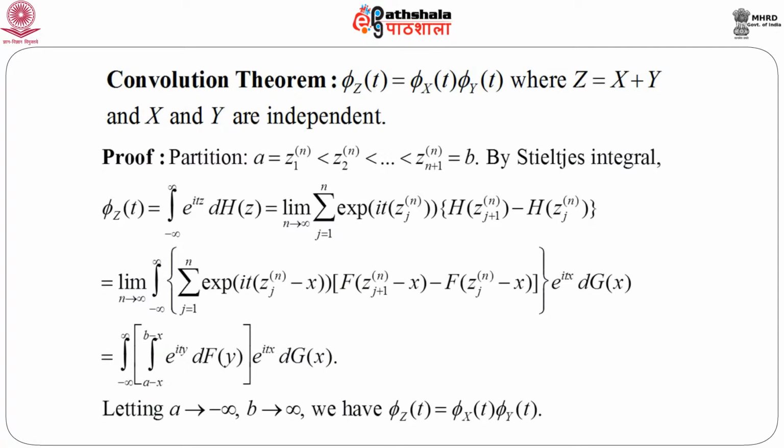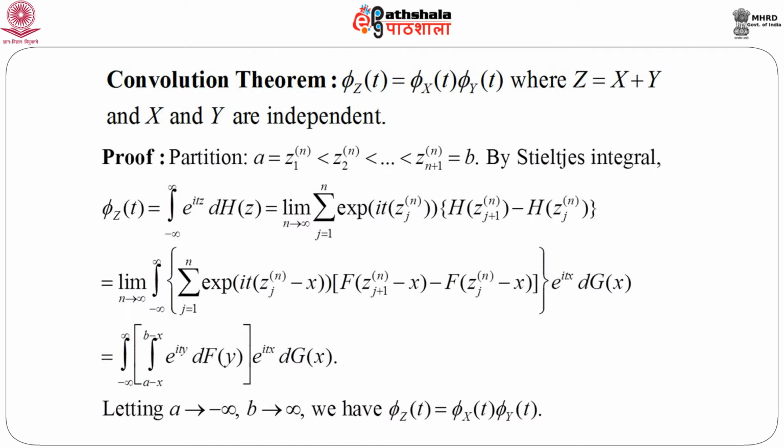The proof follows by the Stieltjes integral. Consider the partition a equals z_1^(n) less than z_2^(n) and so on, and the last point z_(n+1)^(n) equals b.